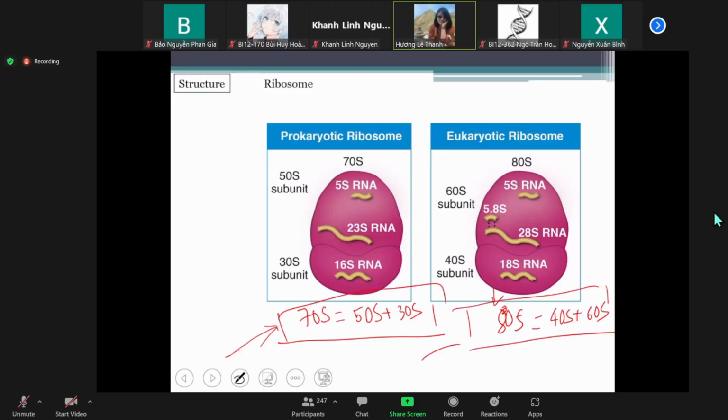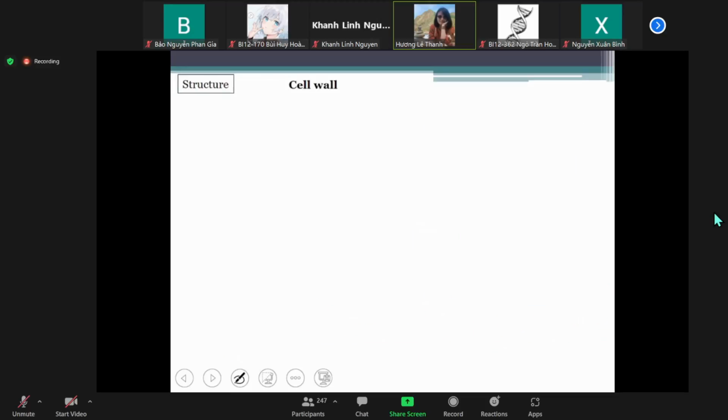And a very special component of the bacteria is the cell wall.